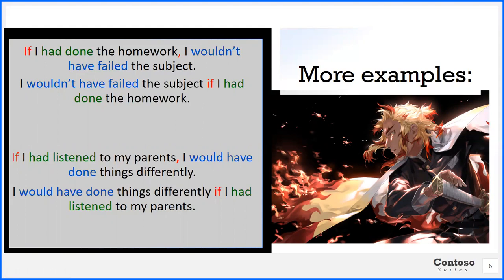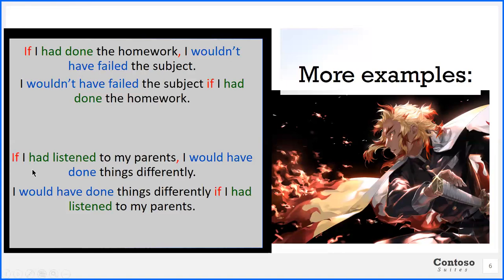We already mastered this with all of the other conditionals, so we have to pay close attention only to the tenses that we're using. So we can see in green right there, past perfect, and then in blue, we have the results, which is would have, and then the verb in past participle, all right? So very important to notice.